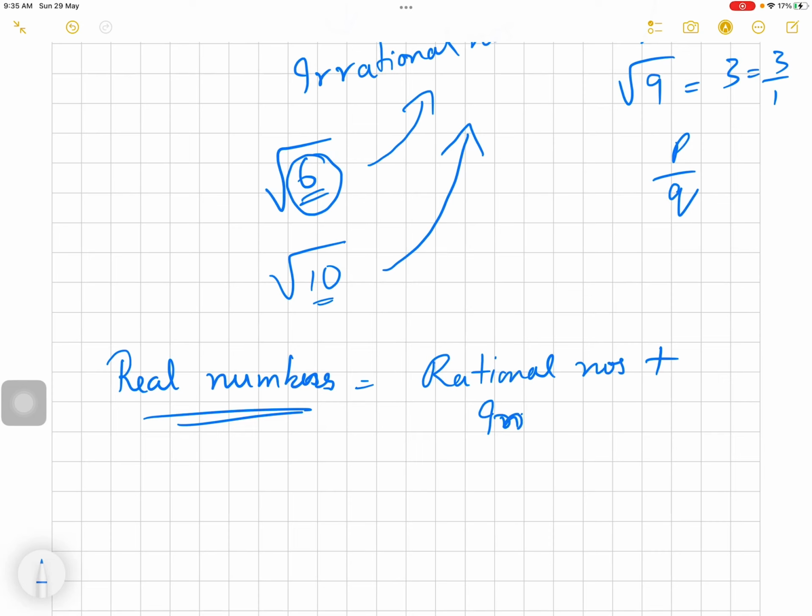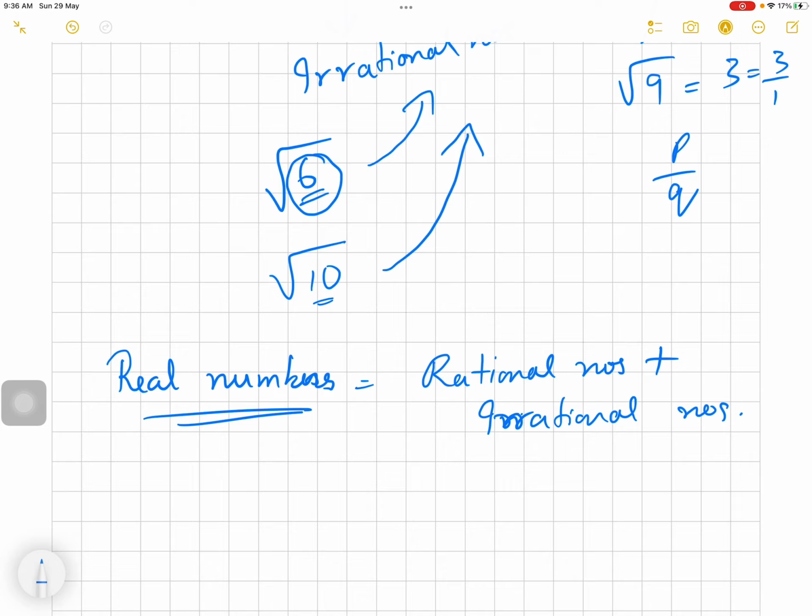Rational numbers and irrational numbers together are called real numbers. So real numbers are rational numbers plus irrational numbers. Rational numbers and irrational numbers together are called real numbers.